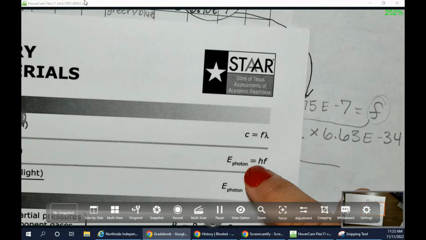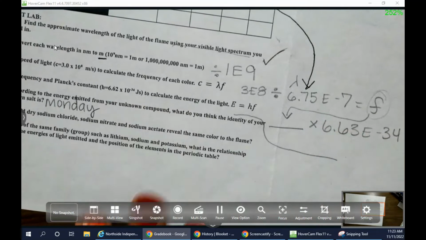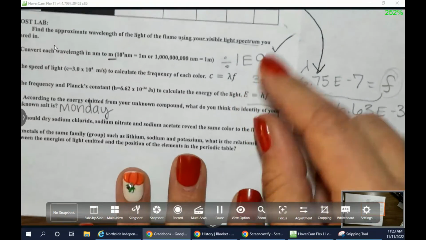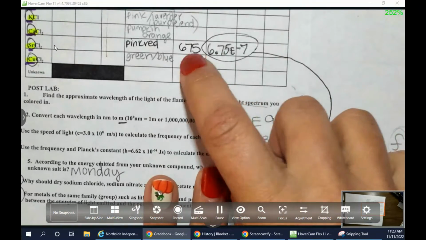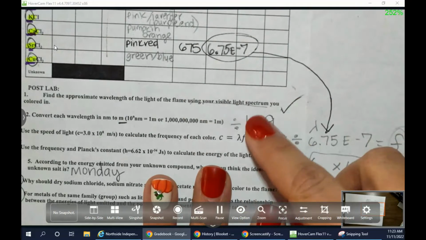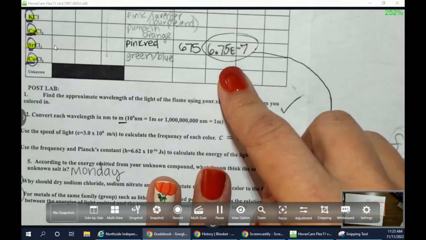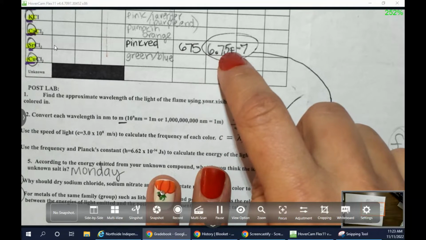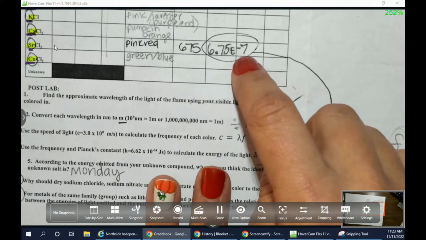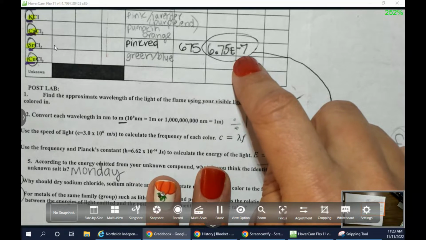Okay? All right. So once you have that column with your nanometers, you're just dividing it by 1E9 to get the next column. Okay, so when I did that, I got 6.75 E negative 7. Okay.